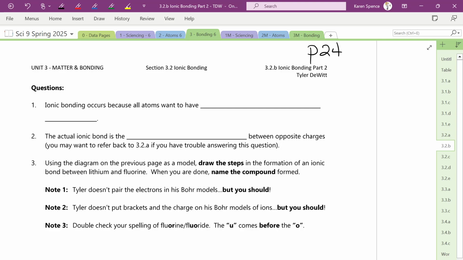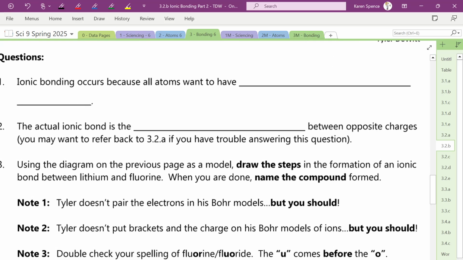Folks, I'm going to give you a hand on number 2 because you probably don't remember it. The actual ionic bond, you probably know that it's an attraction, yes, between the positive and negative. But I'm going to give you an extra word. It is the electrostatic.